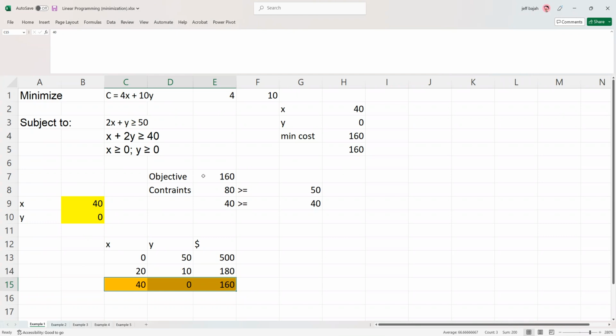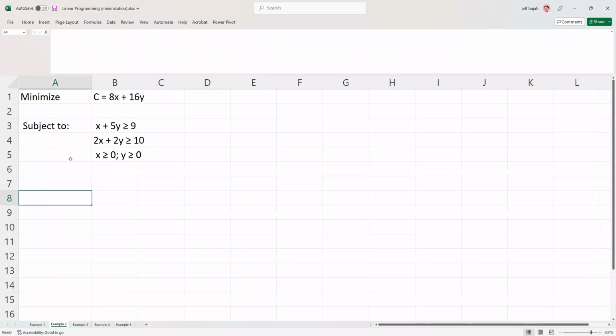And we can also even try another one. I can try another example, example 2, and it's the same process, right? Look at example 2. We can see that the same thing can actually work, right? We have our objective function here, and we have our constraints here. We can do the same thing, right? So I can go ahead and say, okay, this is X and this is Y, just like how we did in the past one.